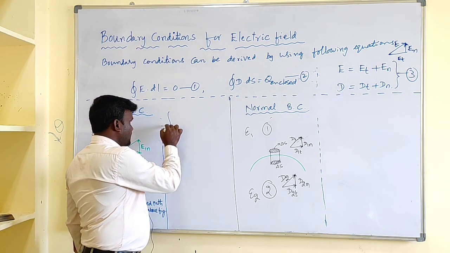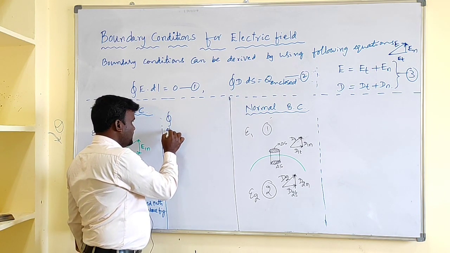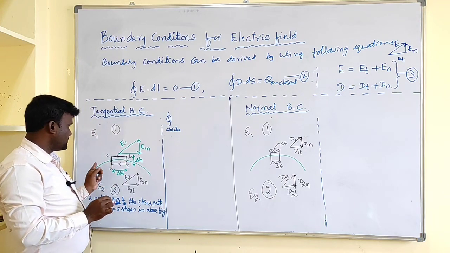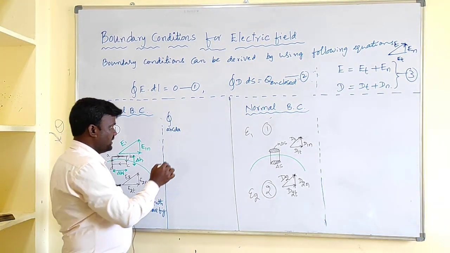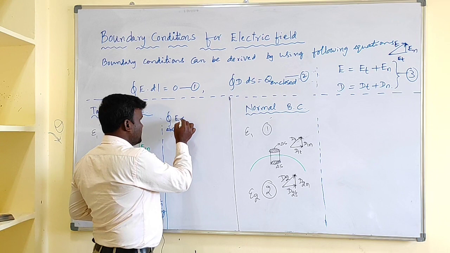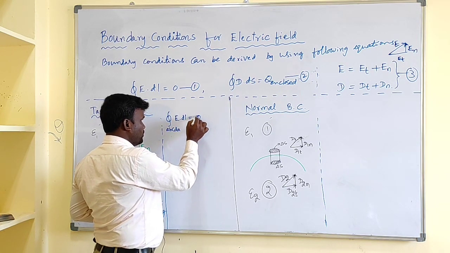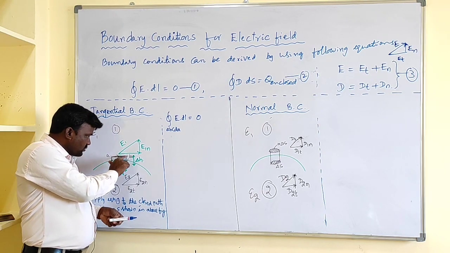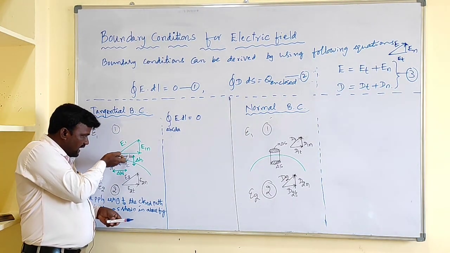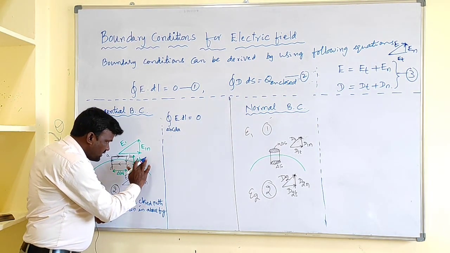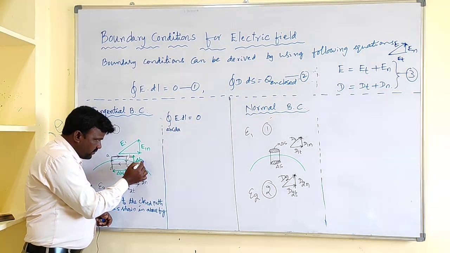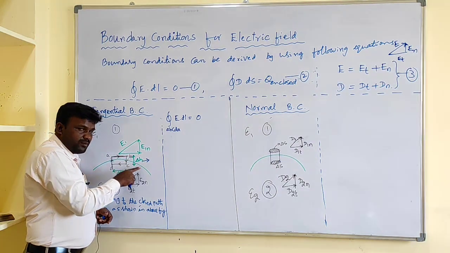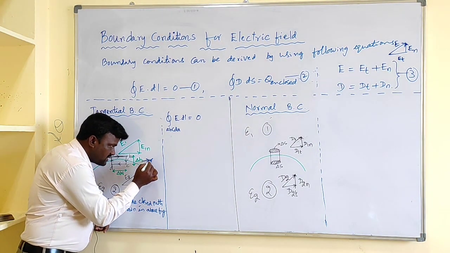Integral over ABCDA, that is A to B, B to C, C to D, D to A, of E dot dl equal to 0. In order to derive the boundary conditions, we need to consider this closed path at the boundary. Means what? At this location. Basically, for the visibility purpose only, I consider delta H like this, but basically delta H is very small, tending to 0.